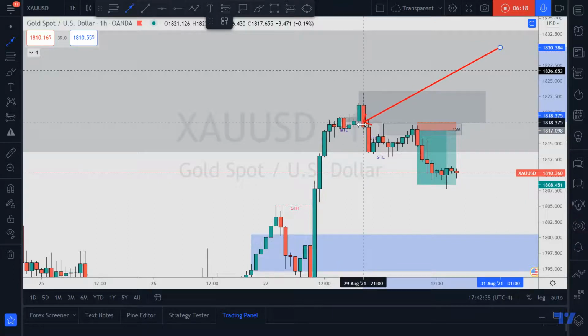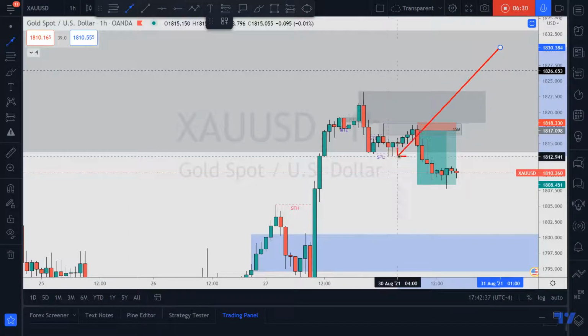A number of those short-term lows, and you can start to say, okay, there are more sellers here than buyers, and we have a momentum shift. Got it? Good.